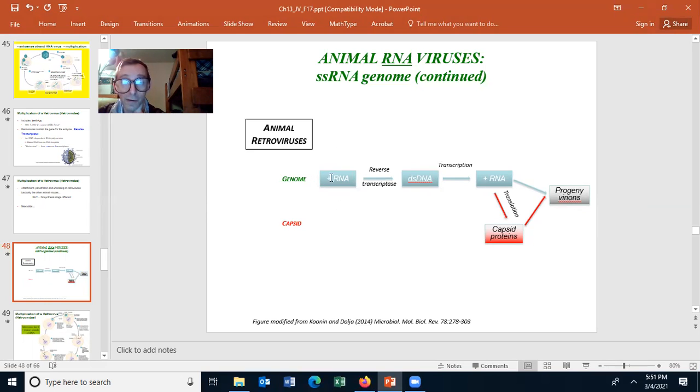They're an RNA virus, but they replicate through a DNA intermediate. This DNA intermediate goes into the nucleus and becomes a permanent fixture, meaning it recombines with the DNA of the host cell and permanently stays in there. But it can replicate, making a viral genome, the positive strand, which can be used as messenger RNA to make the viral protein, and then they get together for the progeny virions.